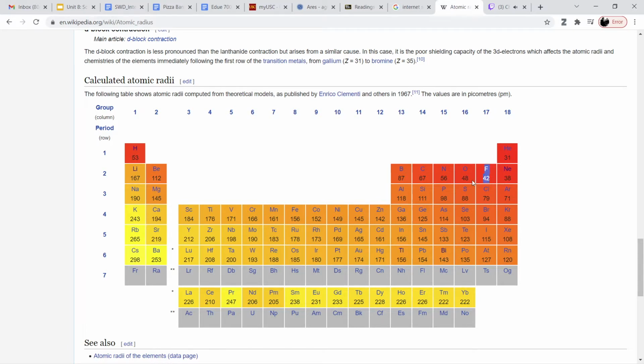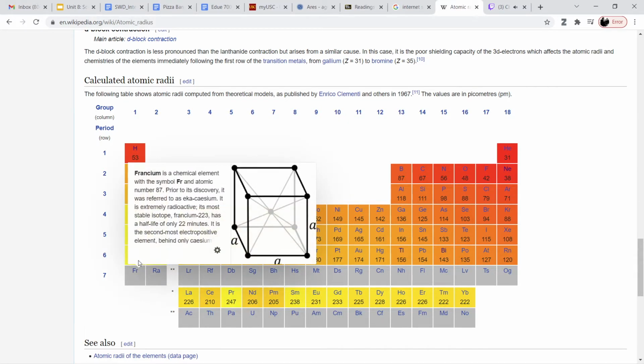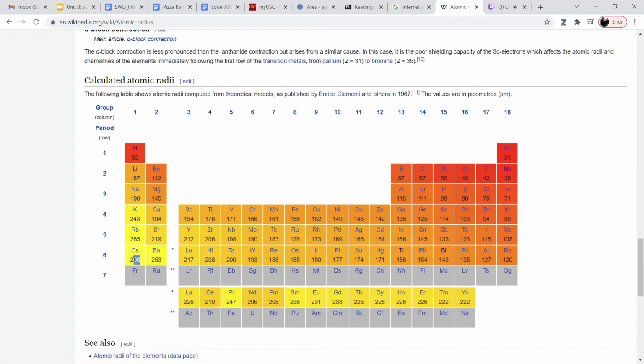So 38, 42, 48, 56, 67, 87, 112, 167. We see indeed helium is our smallest over here at 31 picometers. And while we don't really have a number for francium, it would theoretically be the largest. But since we don't have francium, cesium will be our largest. So I guess they have not bothered. I guess maybe those weren't discovered by then.